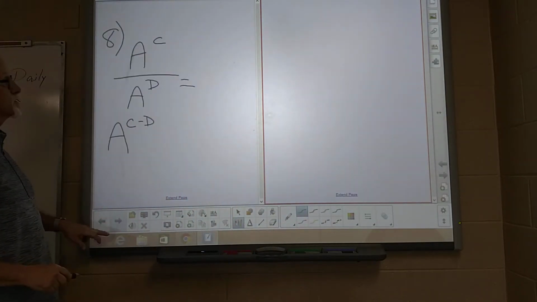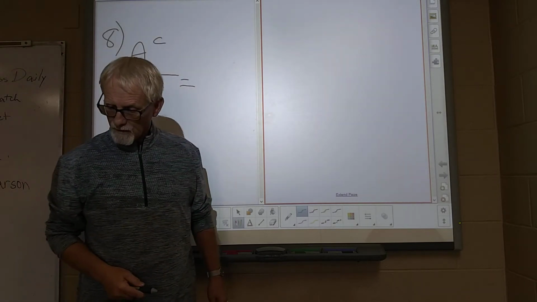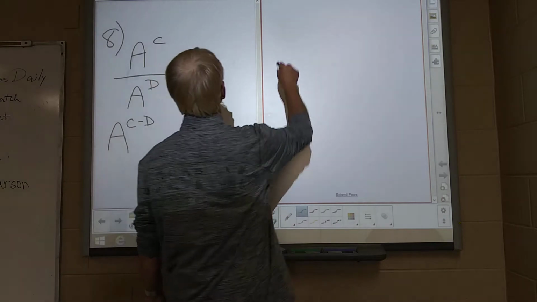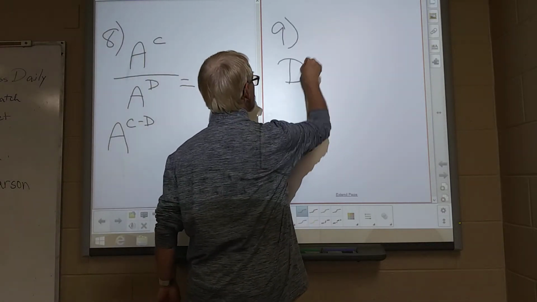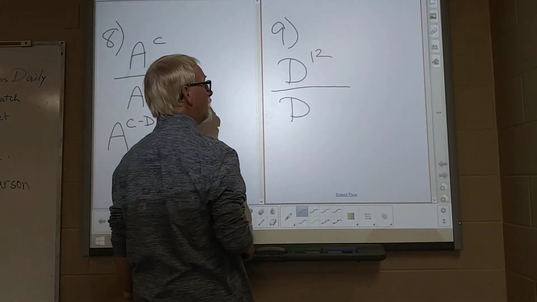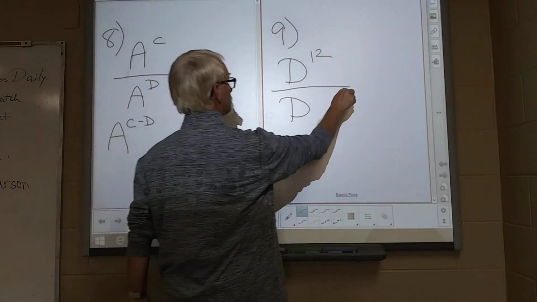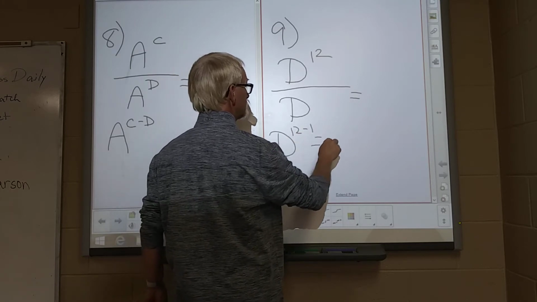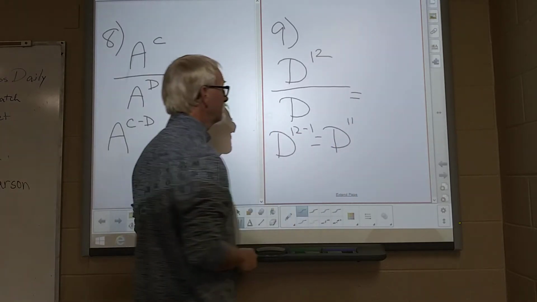What about d to the 12th divided by d? Number 9. Well, d is equal to d to the 1, so that is d to the 12 minus 1, which is d to the 11th.